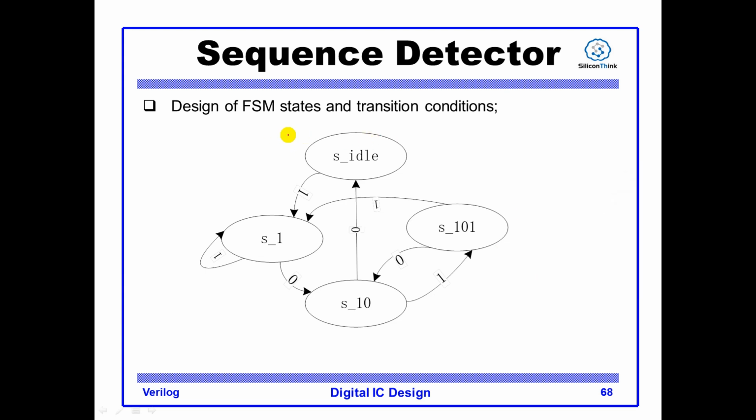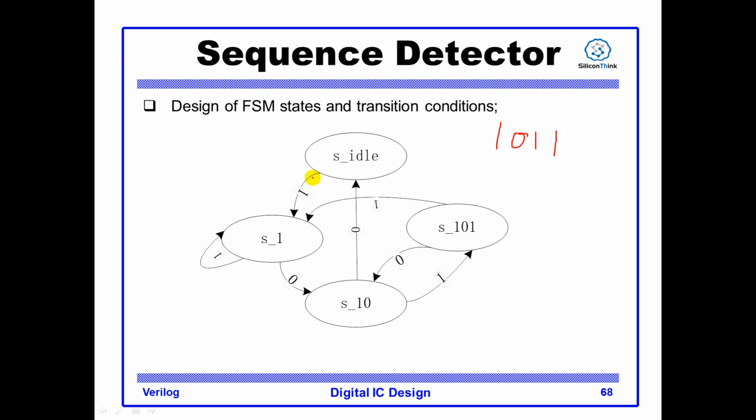So this is an example design from me. I designed 4 states: the idle, the first one, then 1 with 0 and 1 0 1 state. These are the transition conditions.